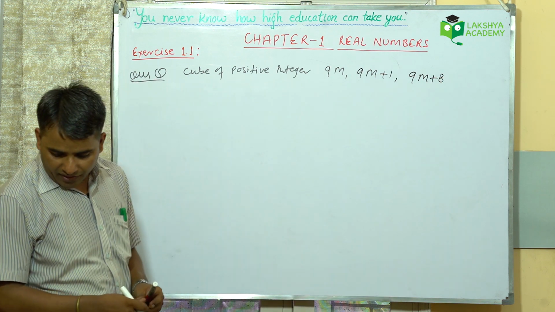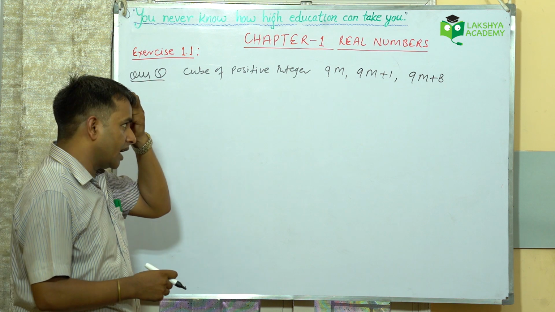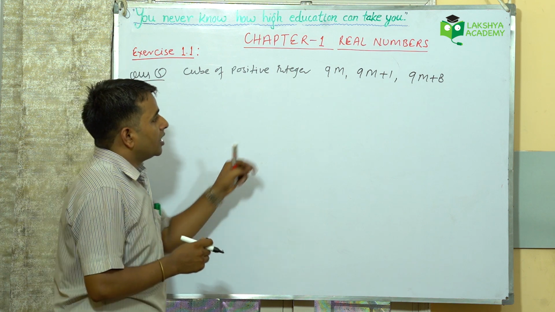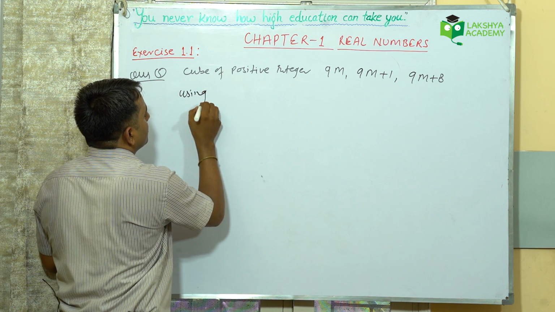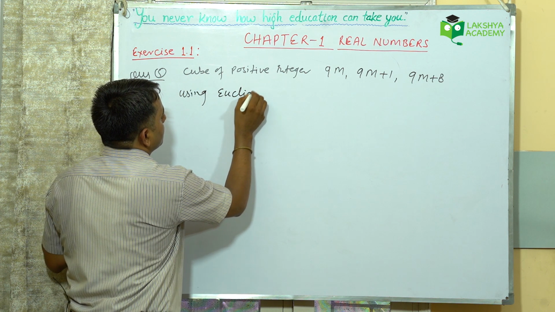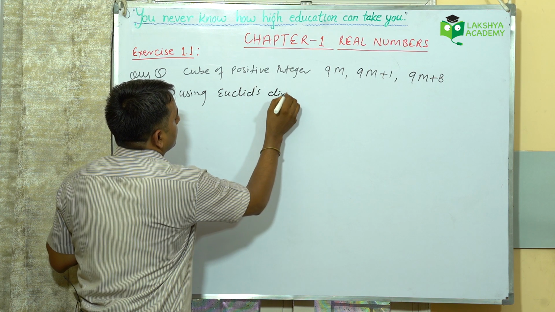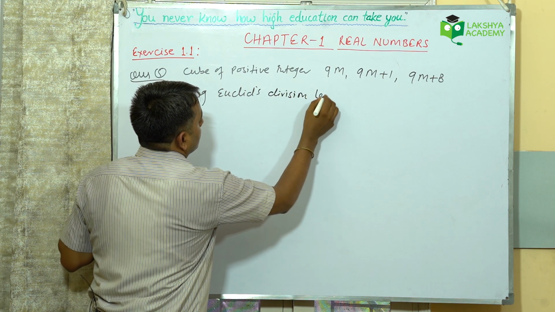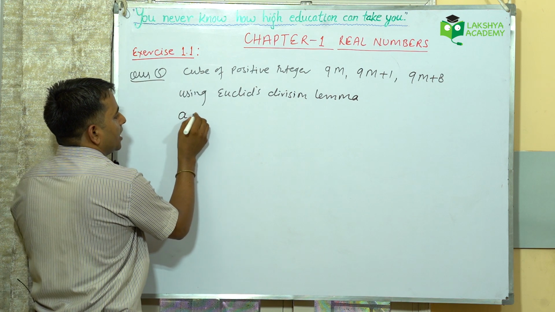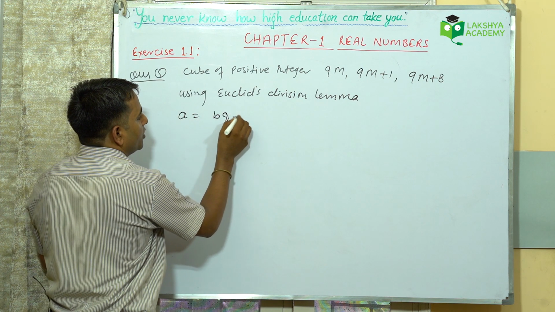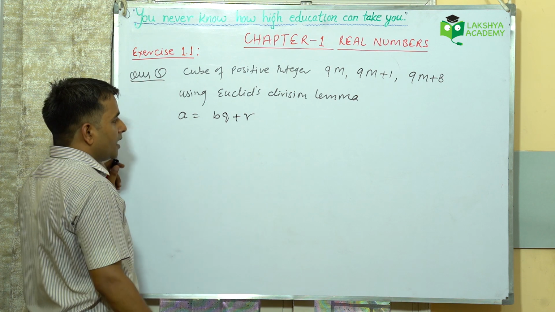Now here, using Euclid's division lemma, A equals BQ plus R.